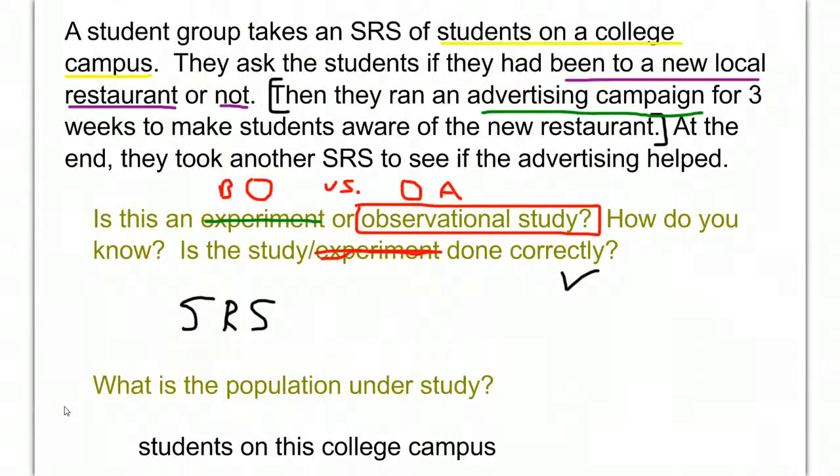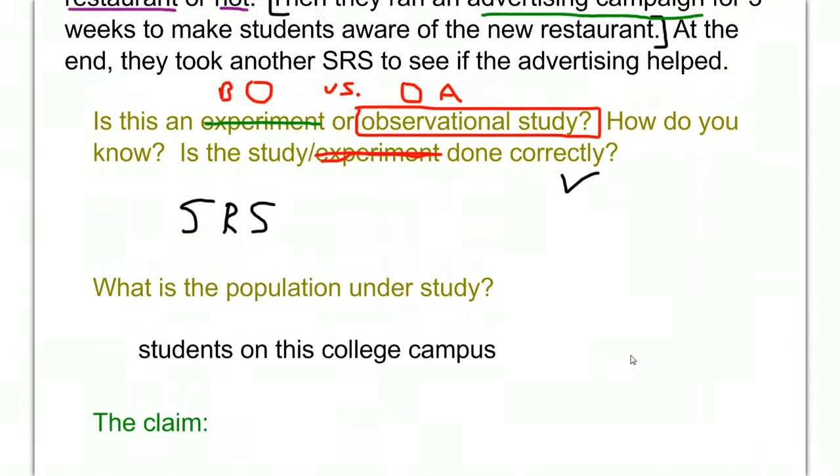Since it's not an experiment, we cannot claim what causes what. But what we could claim is that the advertising campaign somehow may have been linked, potentially, to our results. Let's imagine that we found there was a significant difference between the proportion of students that had been to the new restaurant at the end and the proportion that had been there before the advertising campaign.